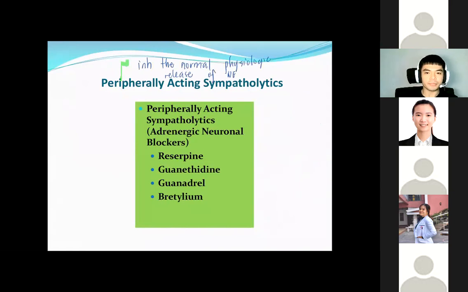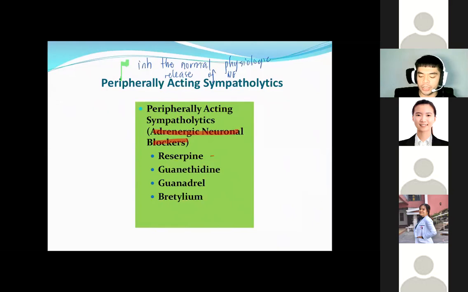I repeat, peripherally acting sympatholytic agents are the ones that inhibit the normal physiologic release of norepinephrine from the vesicles. And these agents are called adrenergic neuronal blockers. Okay? Adrenergic neuronal blockers. So examples, we have reserpine, guanethidine, guanadrel, and also bretillium.